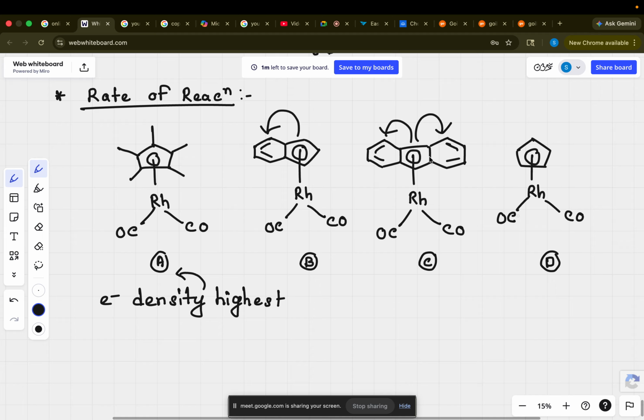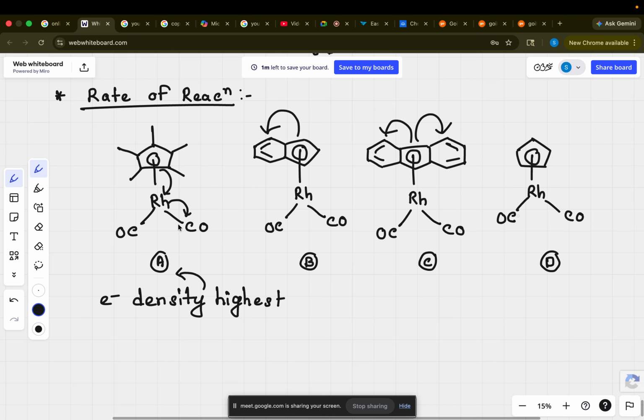If the electron density is high, it donates to the metal center, and the metal back-donates electrons to the pi star orbital of CO. So more electron density means more back bonding, and the rhodium carbon bond becomes very strong, so it cannot dissociate.